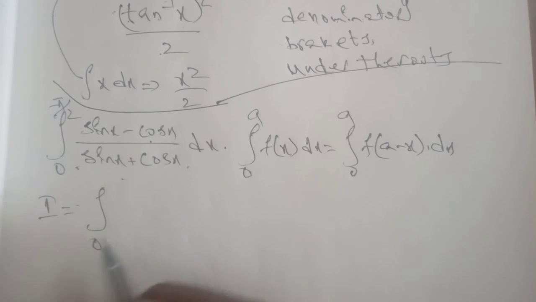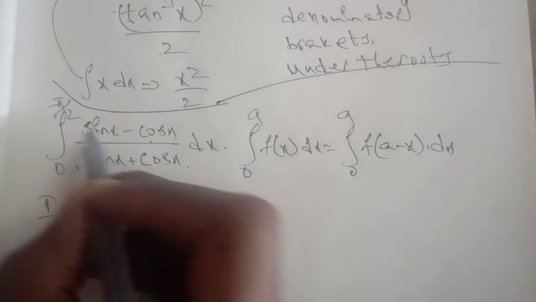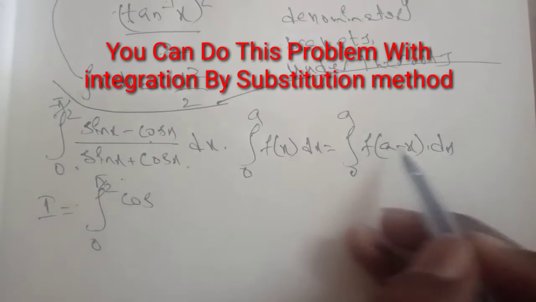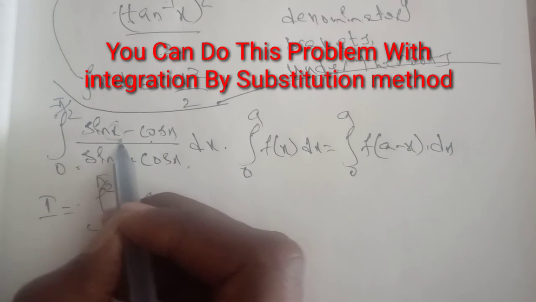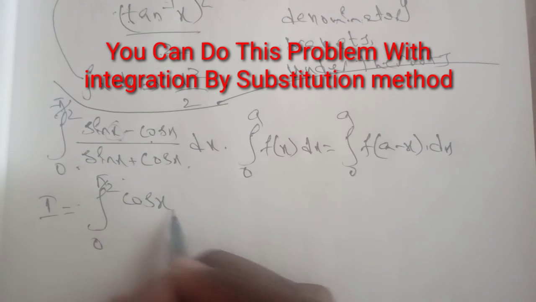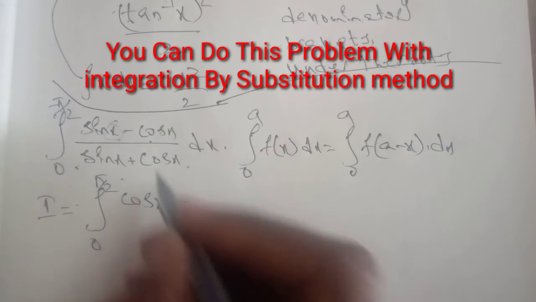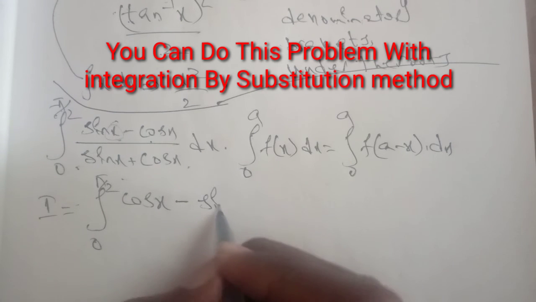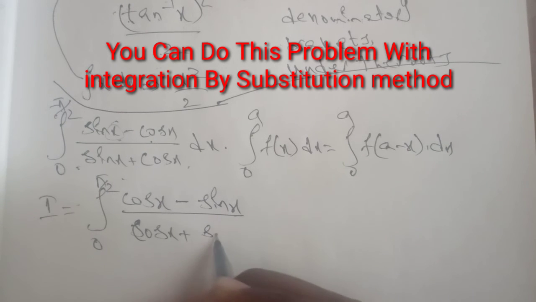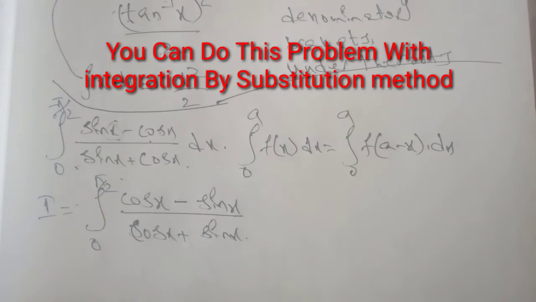So then it becomes 0 to pi by 2. If we substitute pi by 2 minus x in the place of x, sin becomes cos x, cos becomes sin x, and the denominator part also shifts to cos x plus sin x. Why?